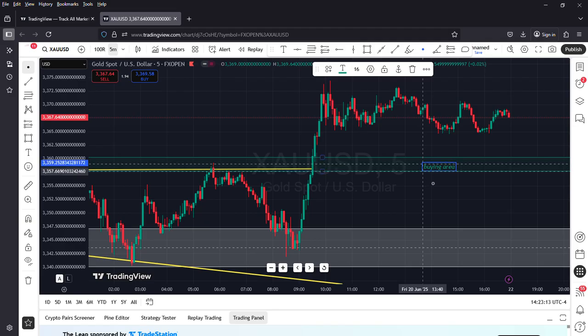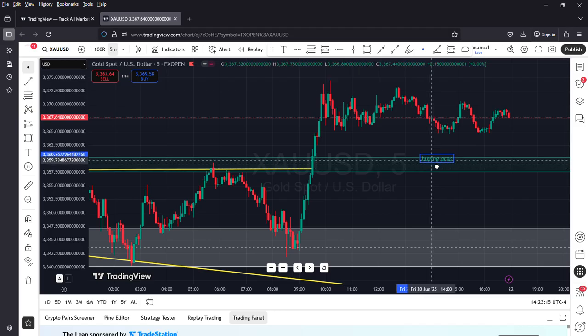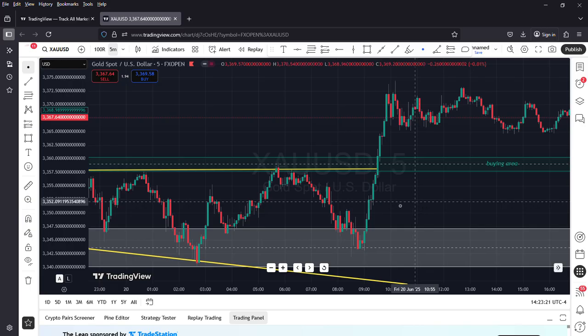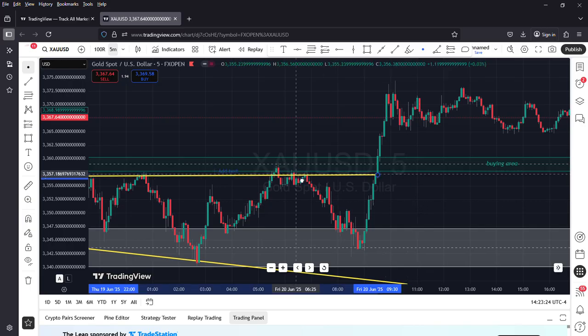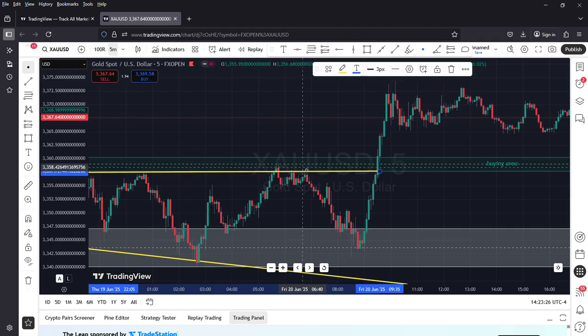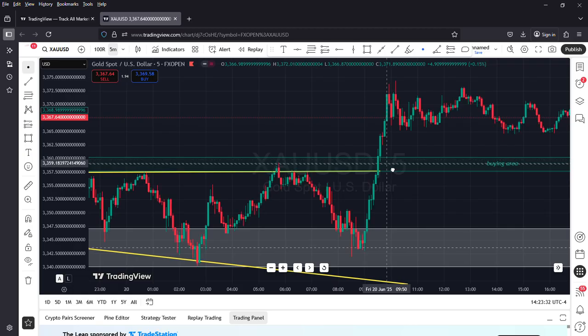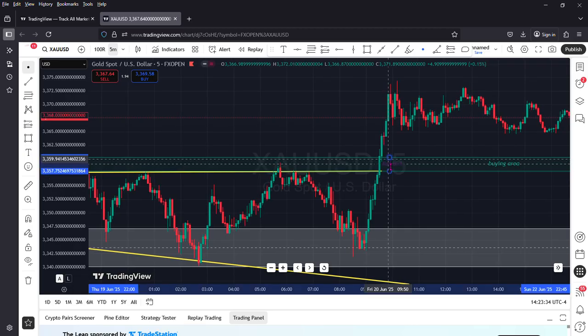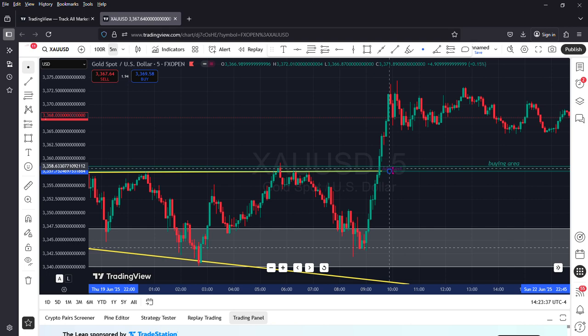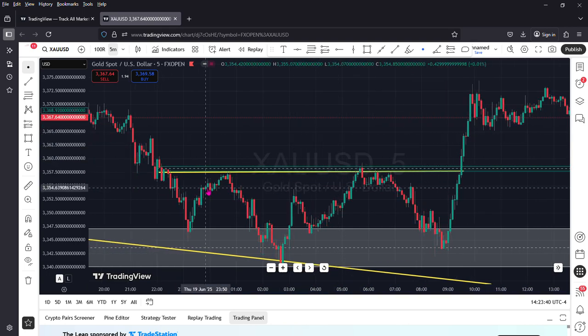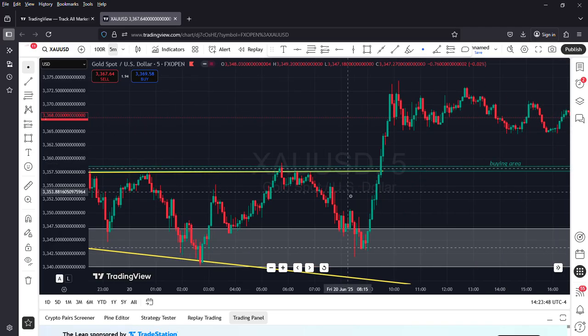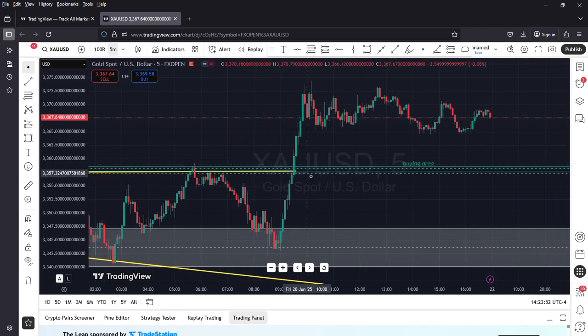This is the buying area in which we are looking to buy if the market comes down to our origin, the area that caused the move. If the market comes to our area and gives us what we need, this is the only area we are seeing.